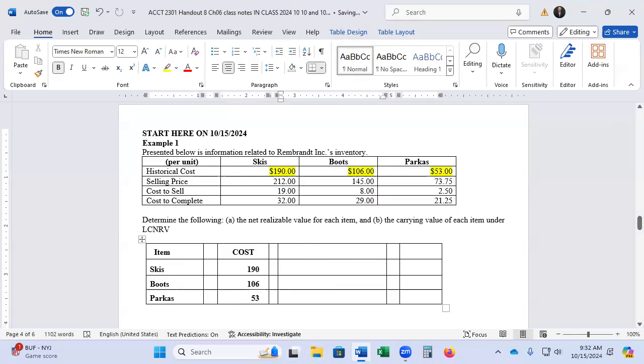And then we have to calculate the net realizable value. And so what we have to do is take the 212 selling price and subtract out the selling costs and the cost to complete.